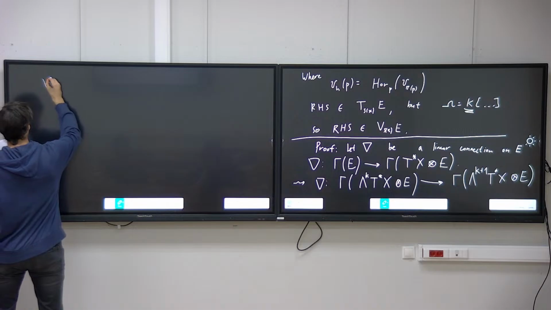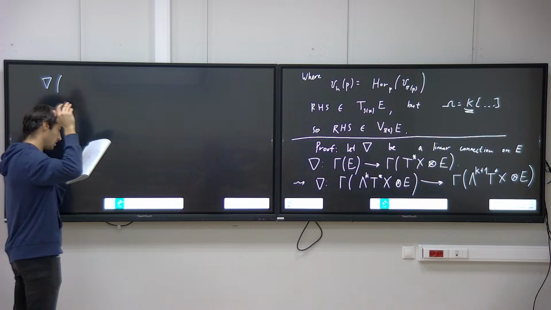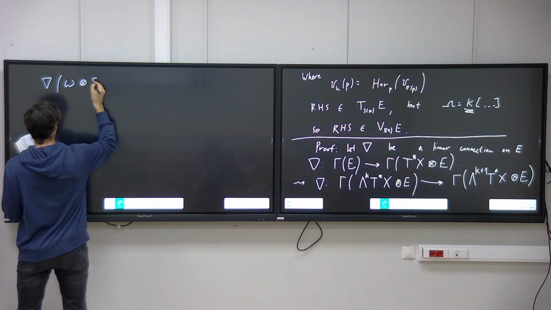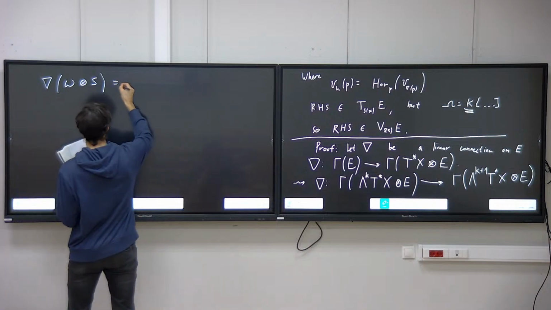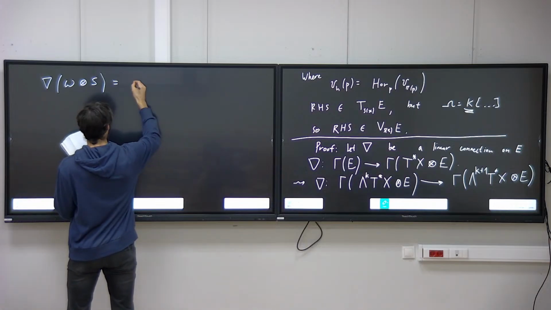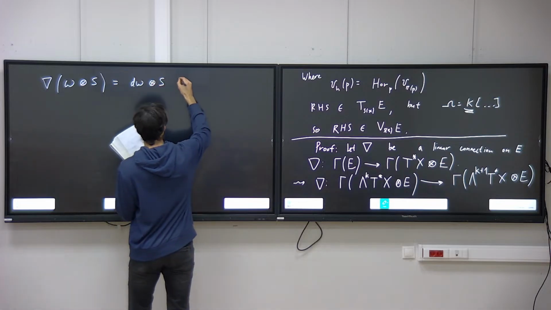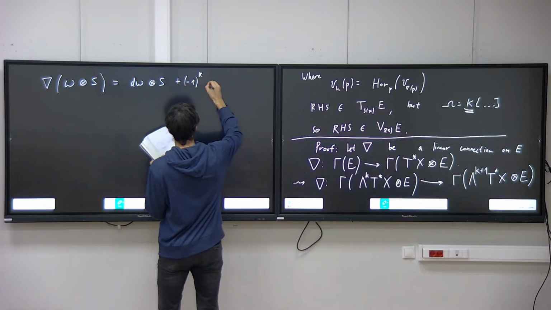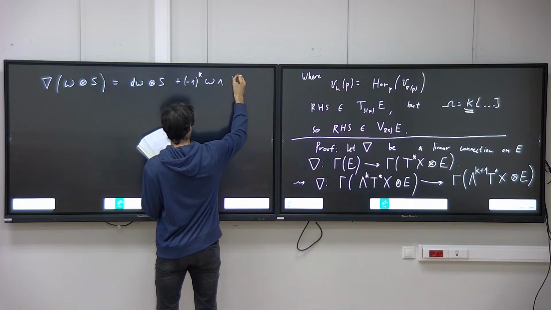So if I have nabla, just given by Leibniz rule, really. So if I have nabla and I apply it to a form tensor section, I'm just saying that by definition this should be d omega tensor s plus minus 1 to the power k omega wedge nabla s.